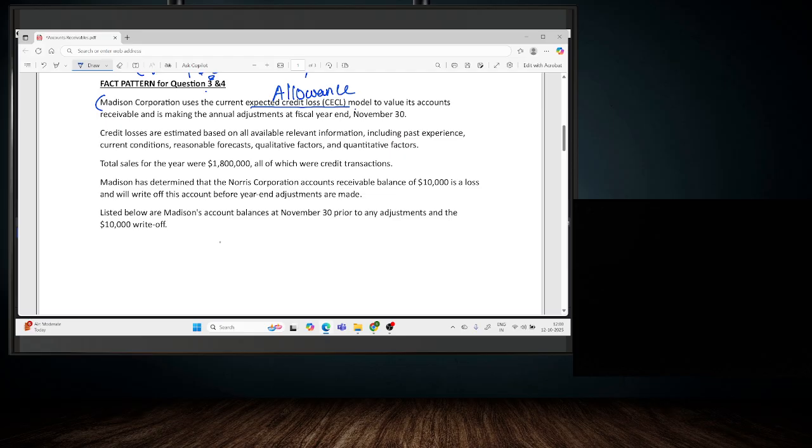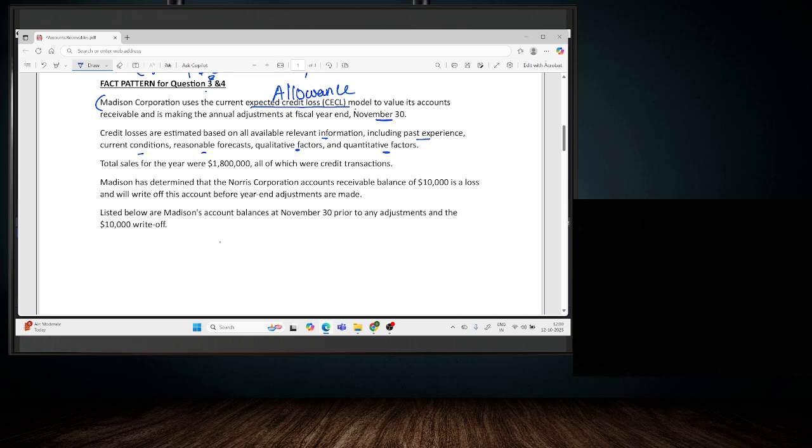Madison Corporation uses the current expected credit loss model to value its accounts receivable, and it is making the annual adjustment at fiscal year end, 30th November. So the year end is 30th November. Credit losses are estimated based on all available relevant information, including past experience, current conditions, reasonable forecasts, qualitative factors and quantitative factors.